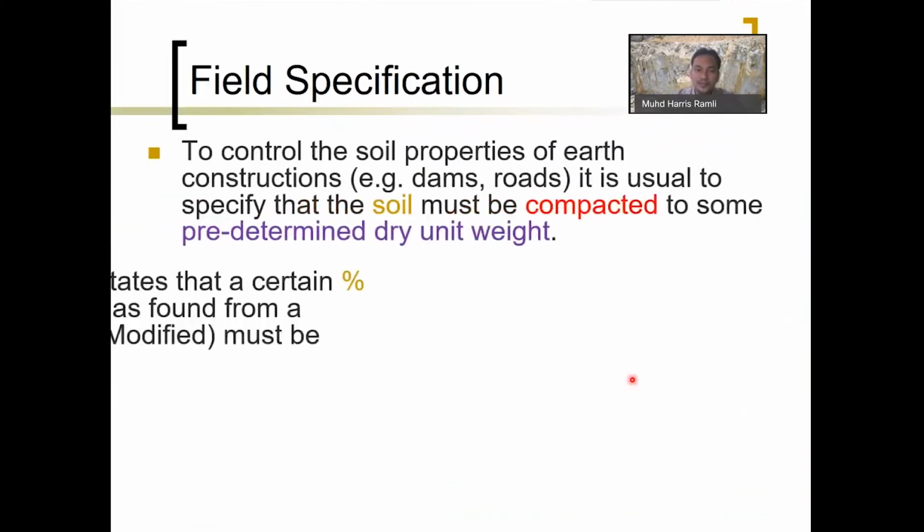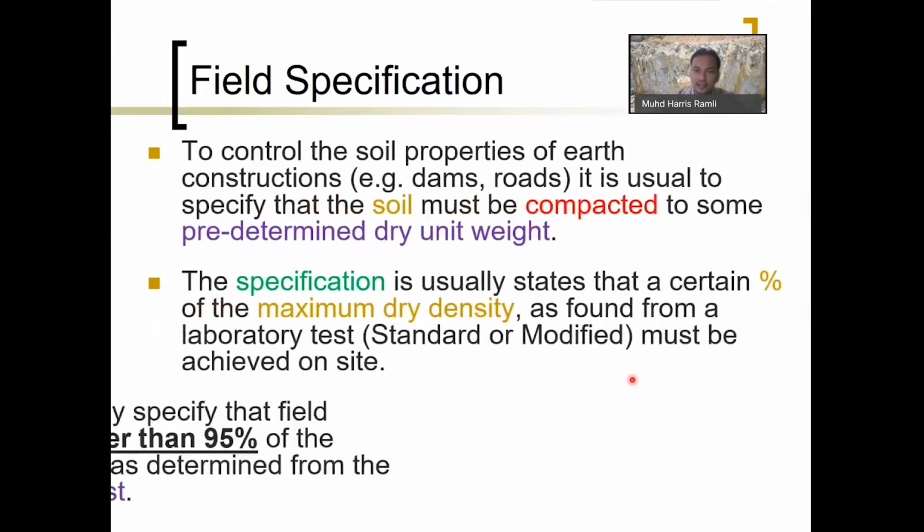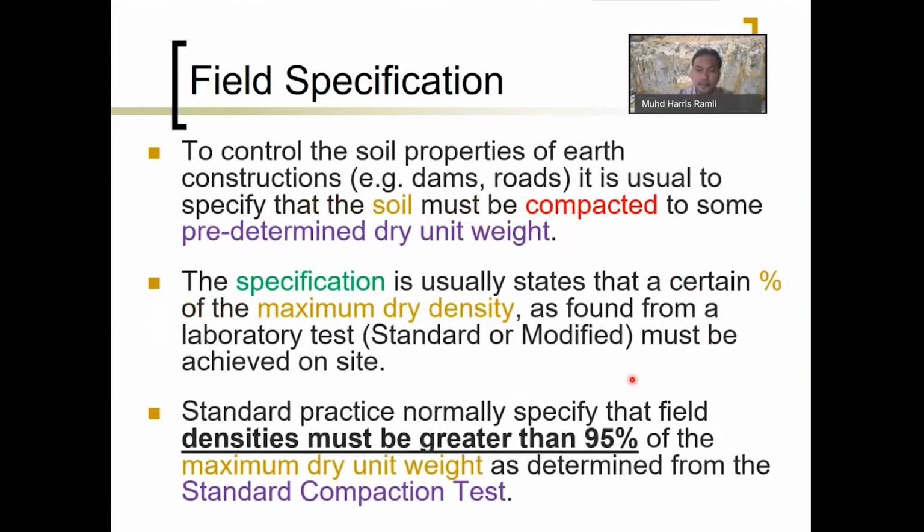Okay, so field specifications. In field specifications, to control the soil property of the earth construction, it is usually specified that soil must be compacted to some predetermined dry unit weight. The specification usually states a certain percentage of the maximum dry density as found from the laboratory test, standard or modified.